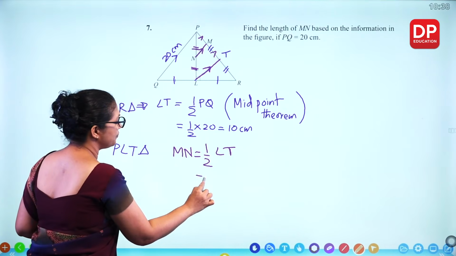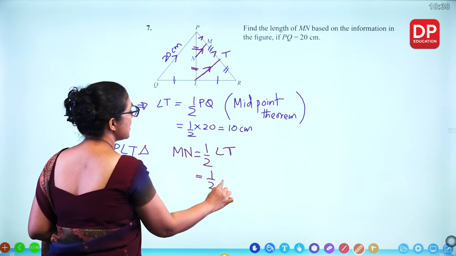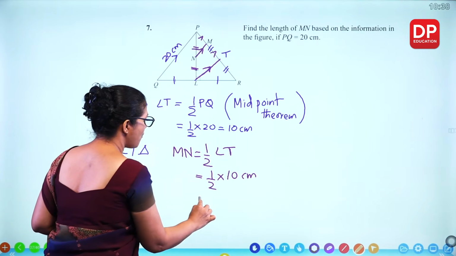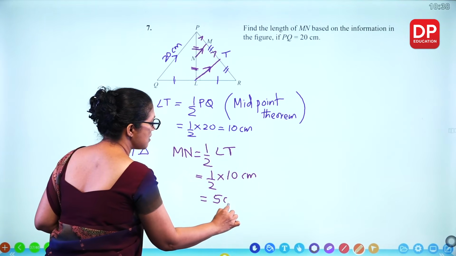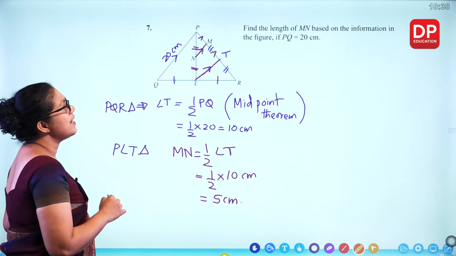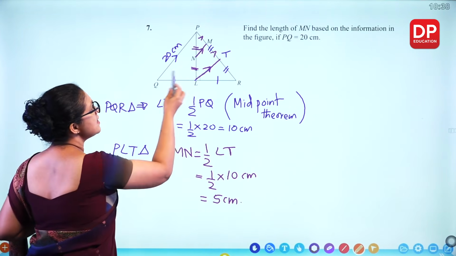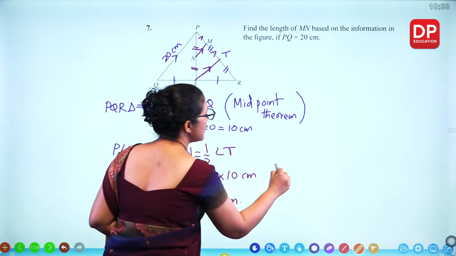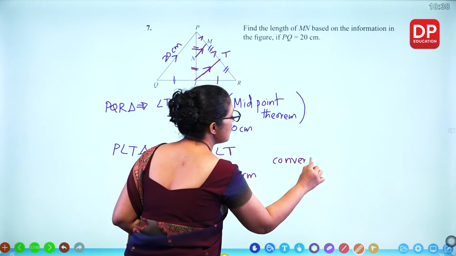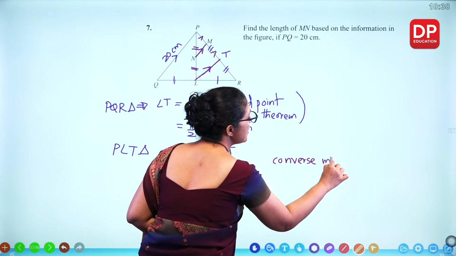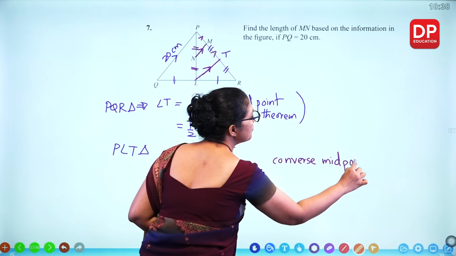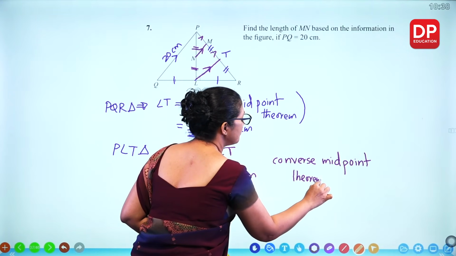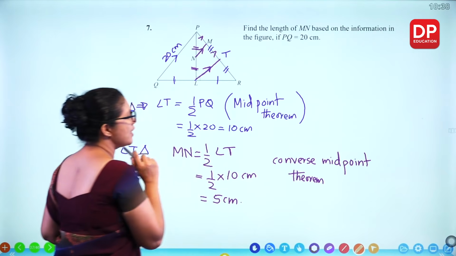But we know LT is 10 centimeters. So half of 10 is 5 centimeters for the MN length. So all this is because of the Converse midpoint theorem and the midpoint theorem.